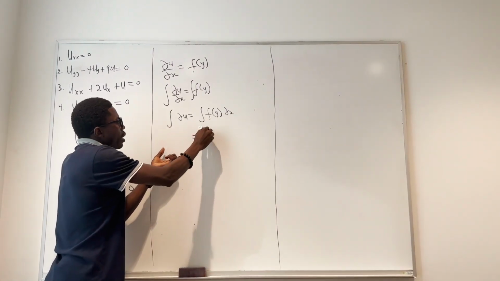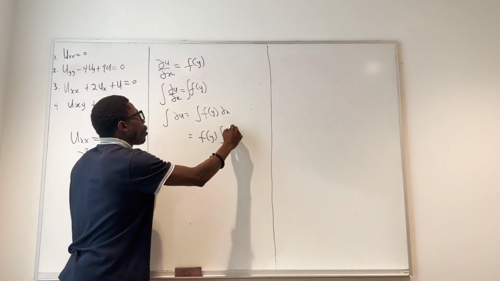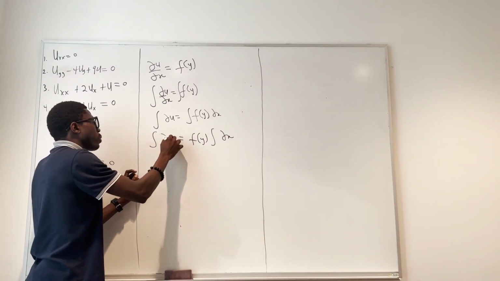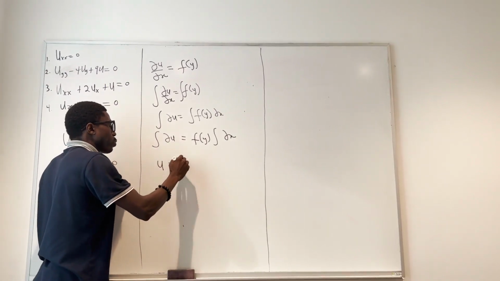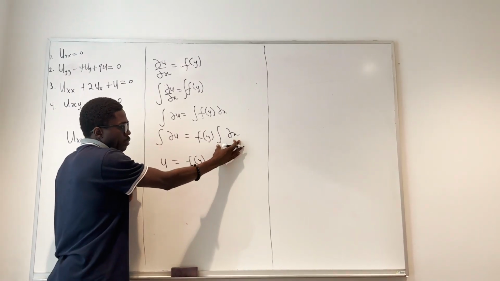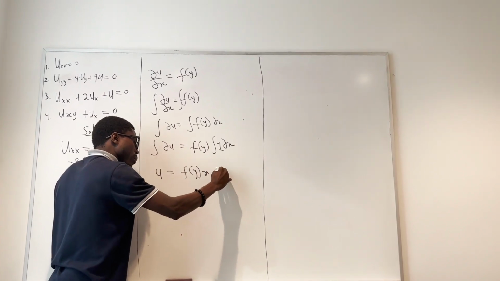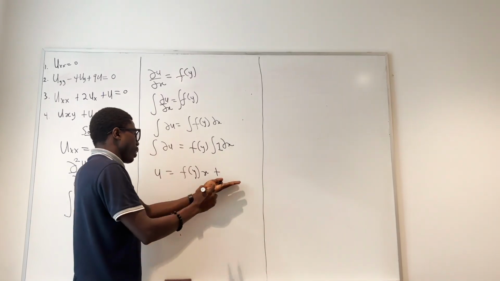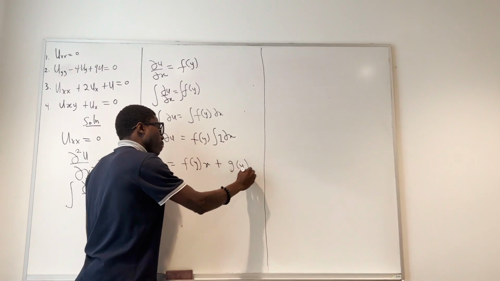So we can factorize f of y out, and then we have integral of partial x is equal to integral of partial u. So if I integrate this, I'll have u is equal to f of y, the integral for this, since we have 1 here, is x plus our constant, but we are dealing with a constant function, and we are integrating with respect to x again. So we have g of y like that.